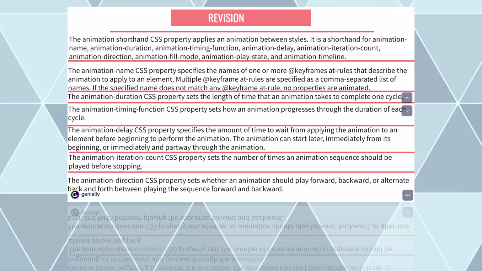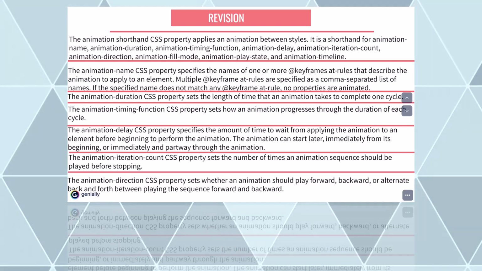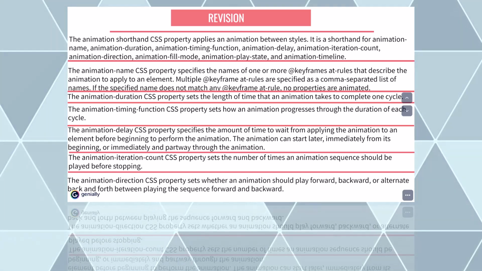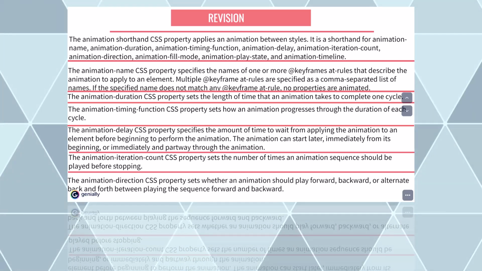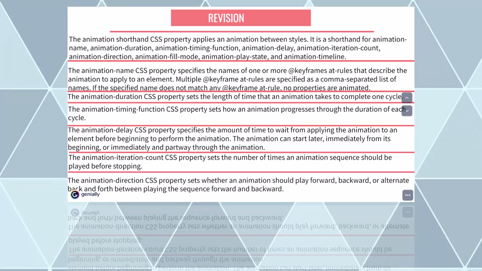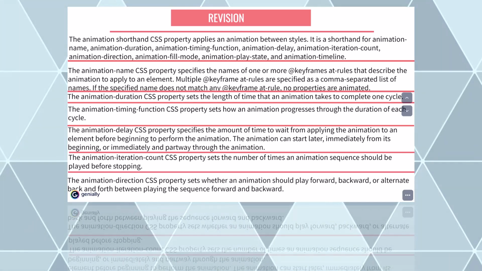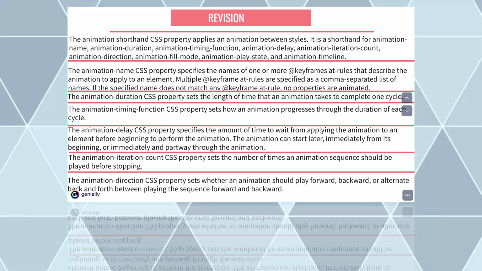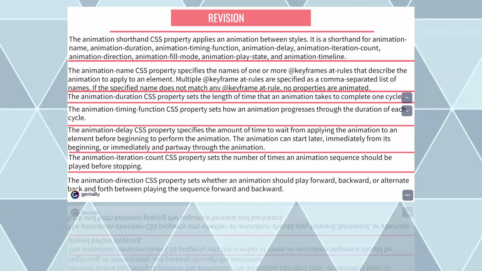The animation direction CSS property. First one, can you just explain it? What do you understand? Go on here, just play with the example, then you can tell me. Just play around with different values.